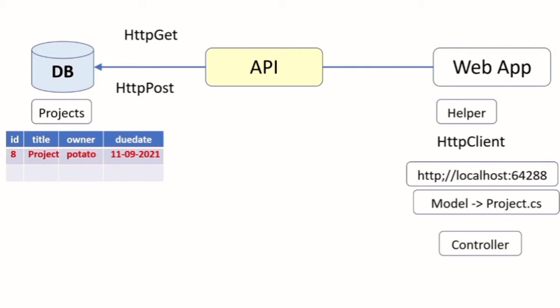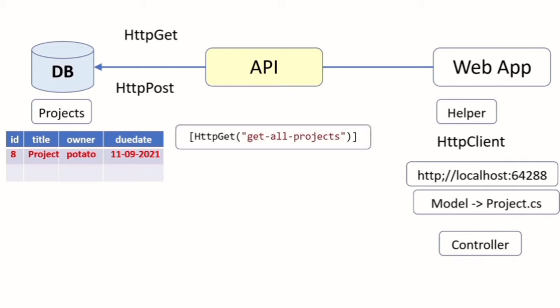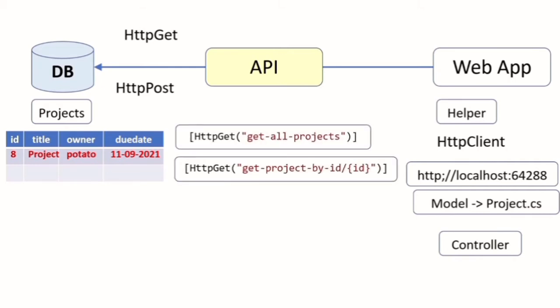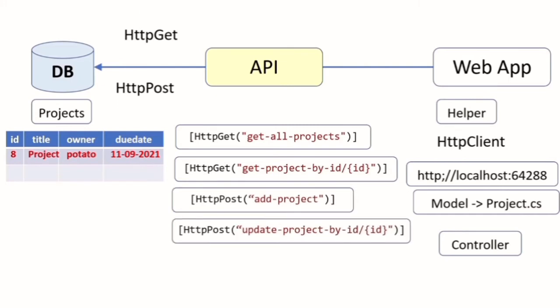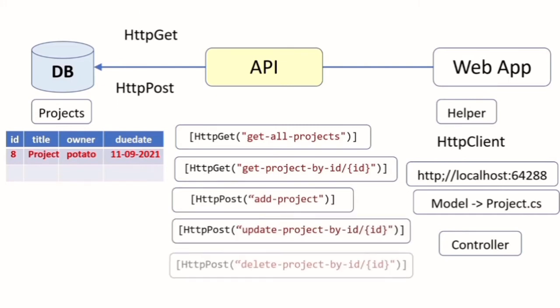Next, we need to create a controller to make a request or make a call to our API: get all project, get project by ID, add project, update project by ID, and finally delete project by ID. So this is the thing that I'm going to show you how to do in this tutorial. So let's go into the demo.